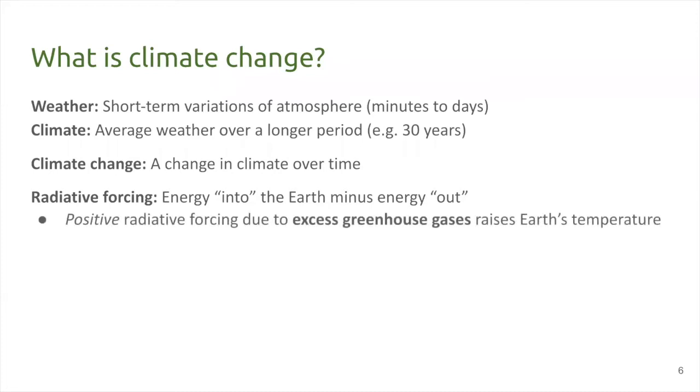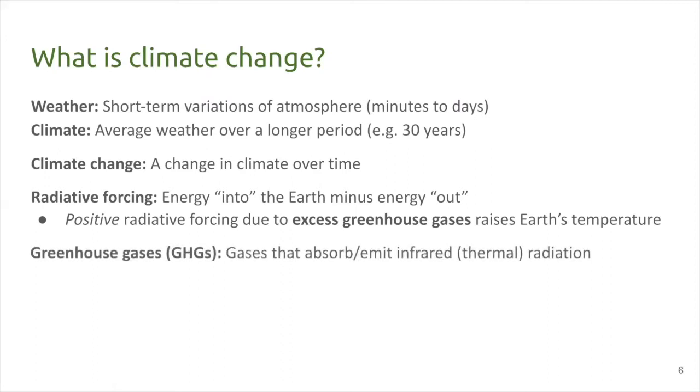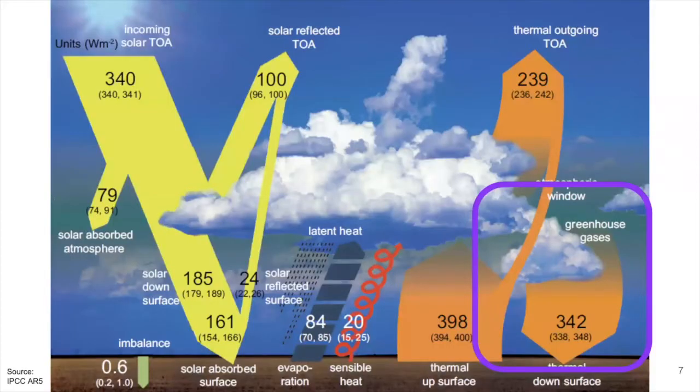So we call this positive radiative forcing. And the reason it's occurring is because we have too many greenhouse gases in the Earth's atmosphere that are trapping too much heat. Greenhouse gases are basically defined to be gases that are transparent to solar energy. They let the solar energy into the Earth, but they trap the heat energy that the Earth re-radiates, and they trap it back into the surface.